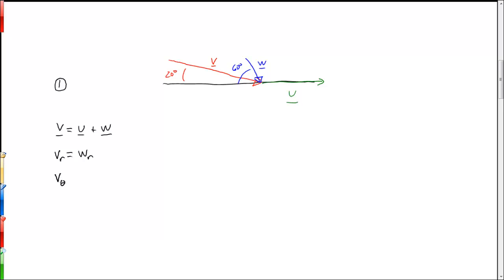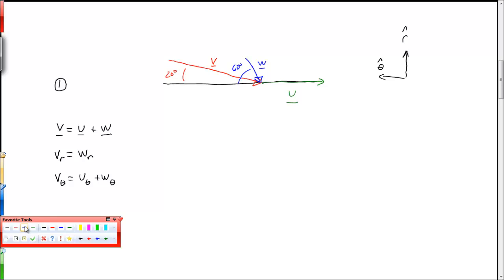And we know that V theta is equal to U theta plus W theta. Now, let's be sure to get our coordinate system here because we're going to need this. R hat is going to point in the outward direction, and as usual, theta hat, the tangential unit vector, is going to point to the left in this particular case.